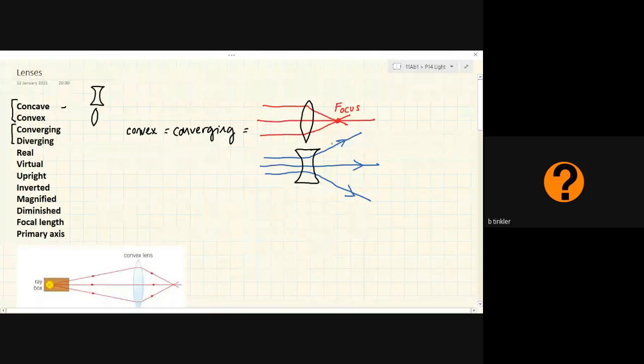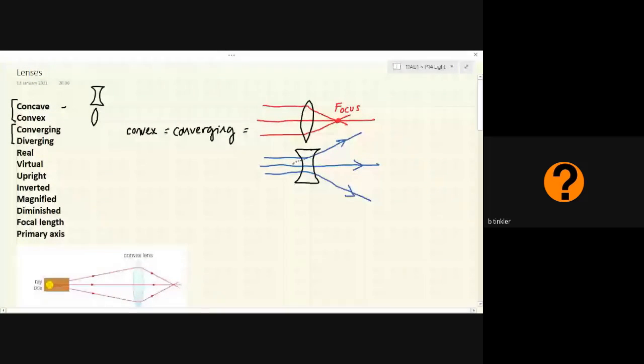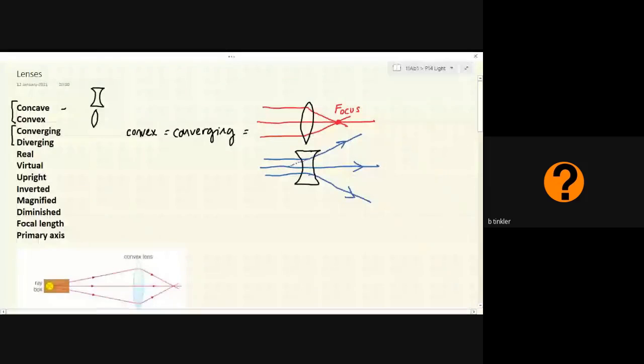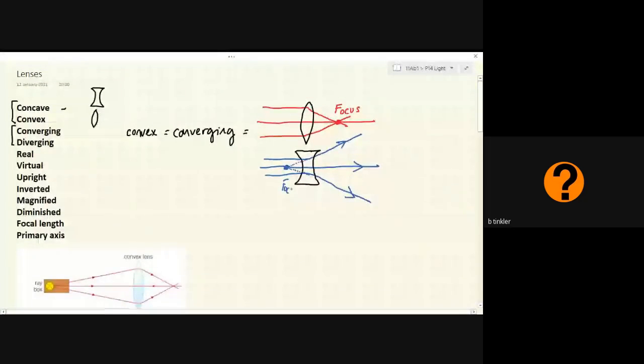We think of this diverging lens as having a focus as if these rays of light come back to a point here, okay? So it's behind the lens from where the light has come from.